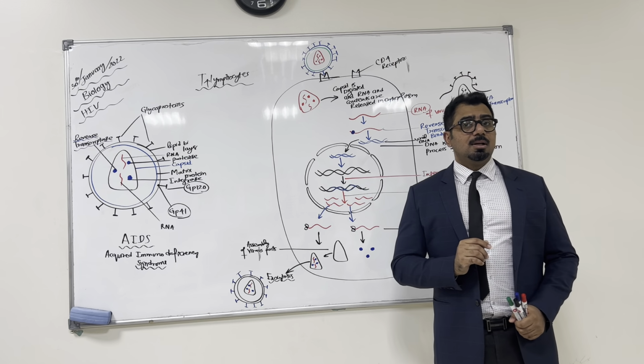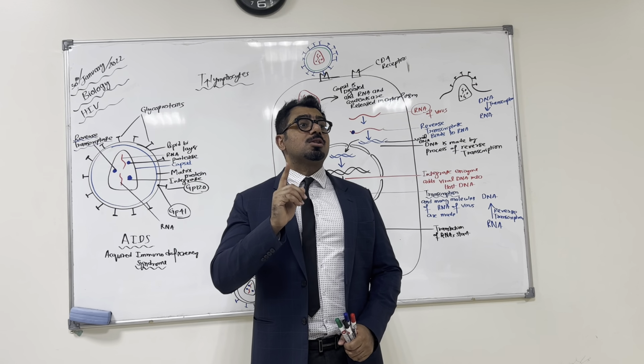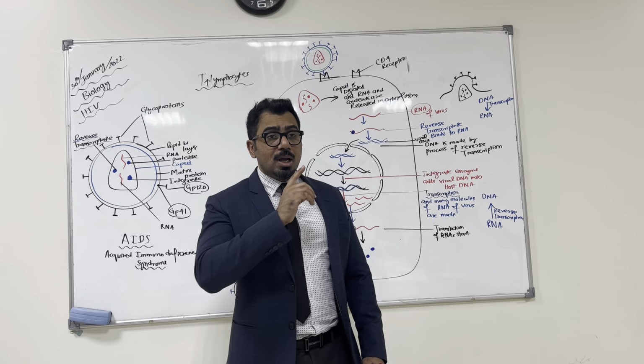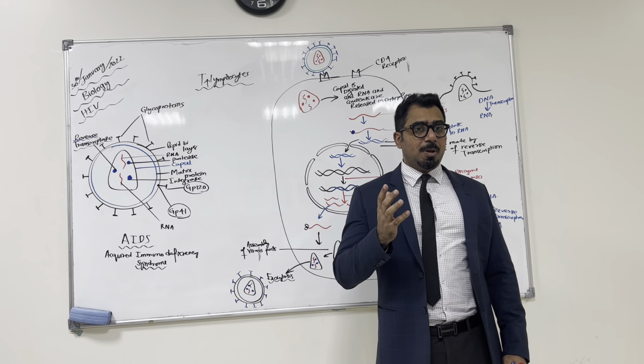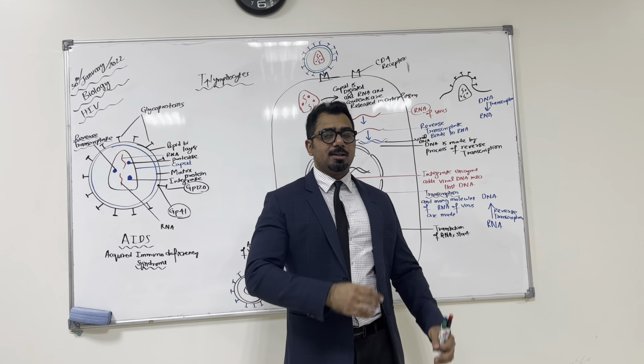Now, another thing is that spread can also happen because of the sharing of needles. You guys know that the junkies or addicts use heroin, they inject heroin. So they are already poor, right? And they are buying drugs by begging for money, and then they are buying the drugs, right?